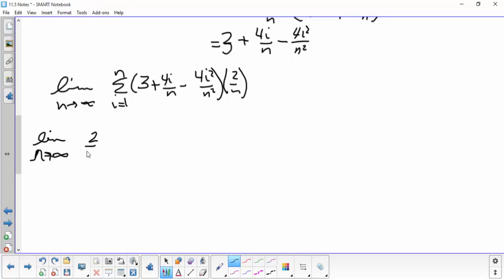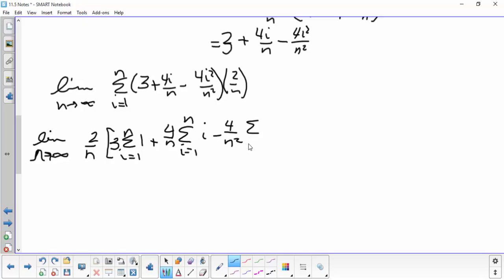So it'll be 2 over n times the sum from i equals 1 to n. 3 is a constant, so I can bring it to the front of its sigma notation, leaving us with 1, plus 4 over n, the sum from i equals 1 to n of i, minus 4 over n squared, the sum from i equals 1 to n of i squared.